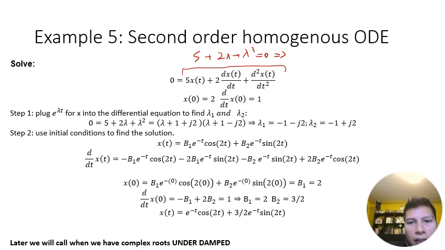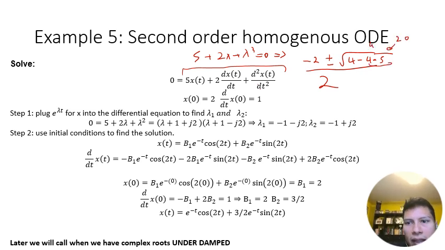a quadratic formula of negative 2 over 2 plus or minus the square root of 4 minus, so we have b squared minus 4 times a times c, which in this case is 5. And so we end up with basically, well, this is 20.